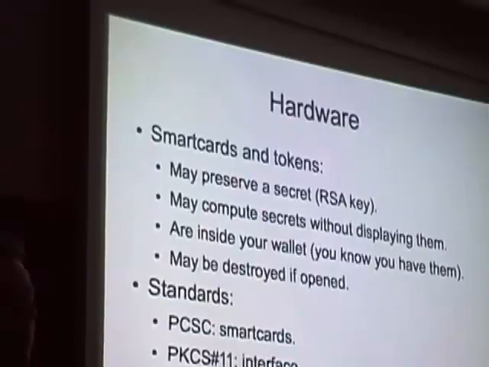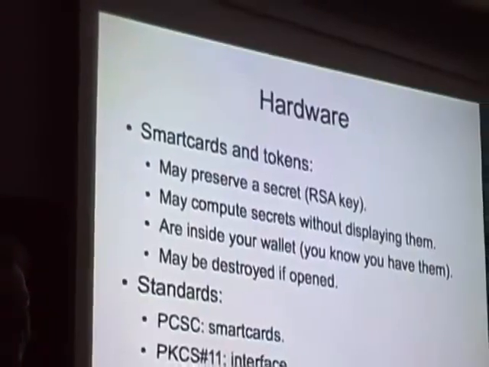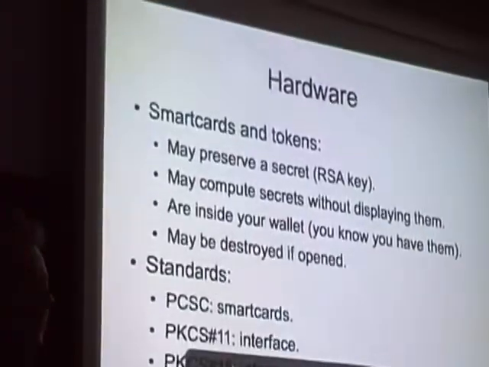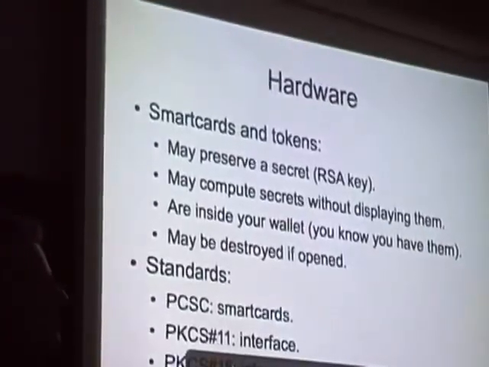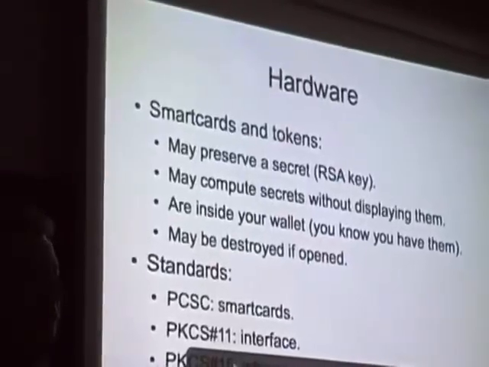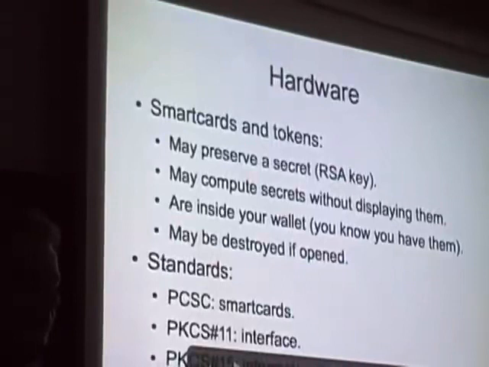It's not possible to open the chip or try to read inside the chip to have access to the RSA key. It has protection. It's nearly impossible. If you try to open and read using special tools, then the chip will destroy itself. Okay.